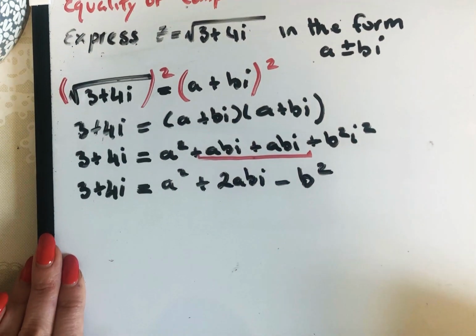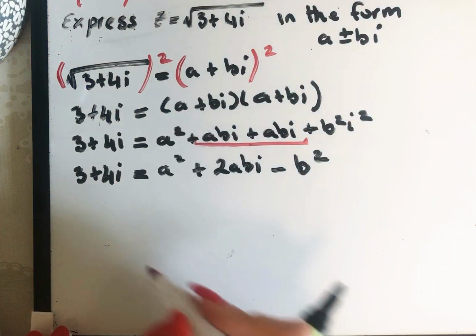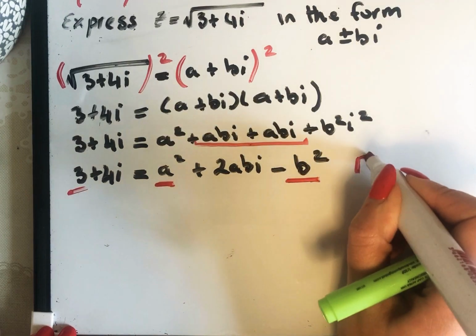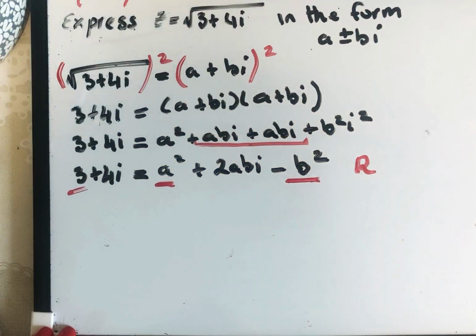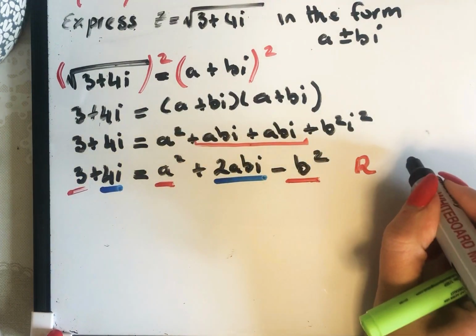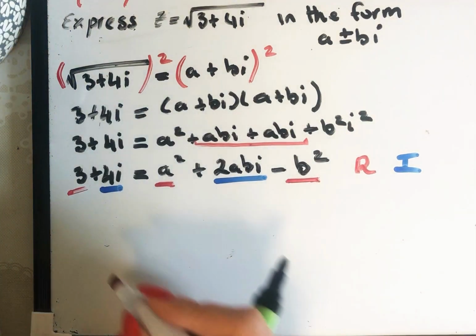We can see now that we have an equation that has real parts and imaginary parts. So let's highlight the real in red. They're all real, so real is on the red side. And then let's highlight the imaginaries in blue. Now, let's form two equations, one real and one imaginary.